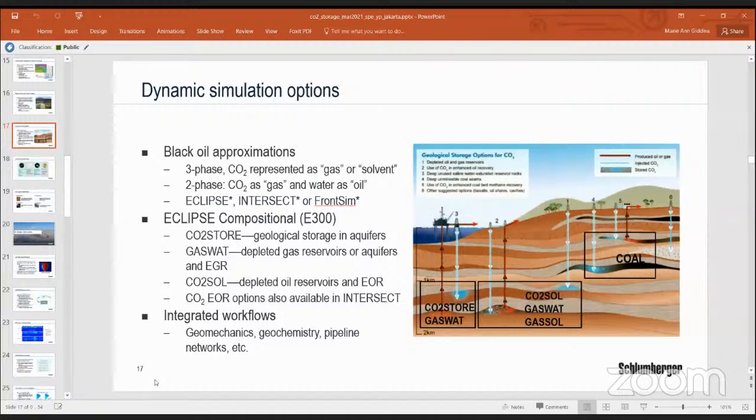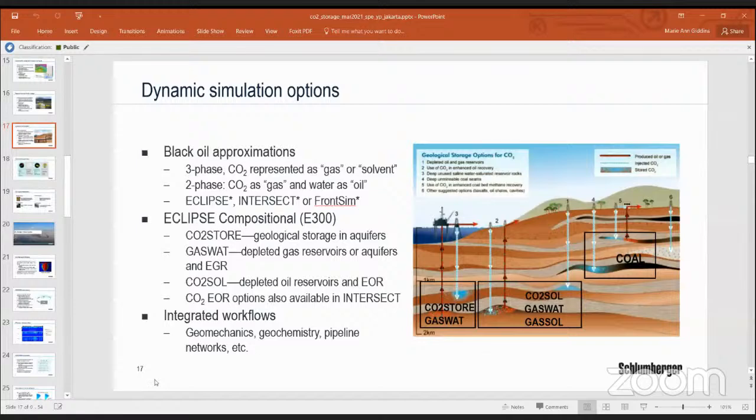So in order to handle the storage aspects of CO2 storage, as opposed to just the injectivity and volumes, we need special features, and these were developed originally in Eclipse Compositional or E300. So we have some keywords which are used to refer to these specialist options.